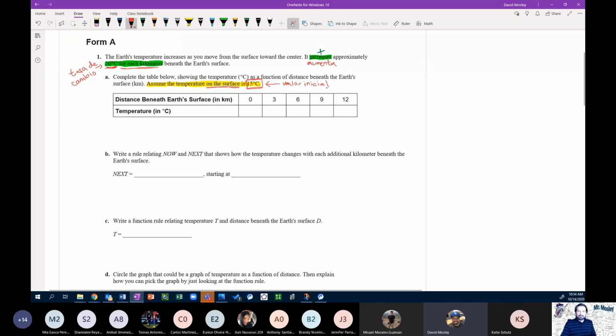We have our start value. Now we're ready to start filling in our table. So this sentence here, assume the temperature on the surface is 15 degrees Celsius, goes along with this first entry. Distance of 0, temperature is 15 degrees.